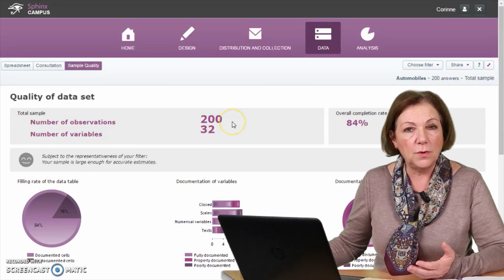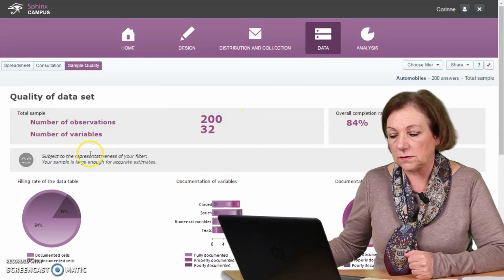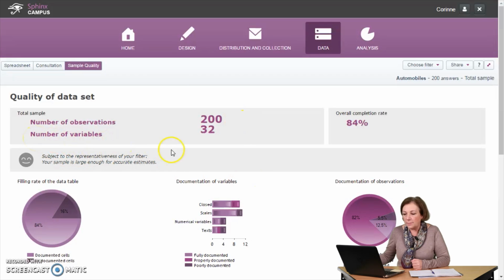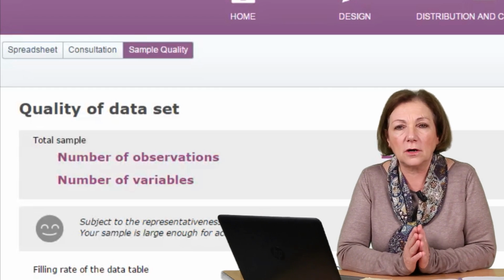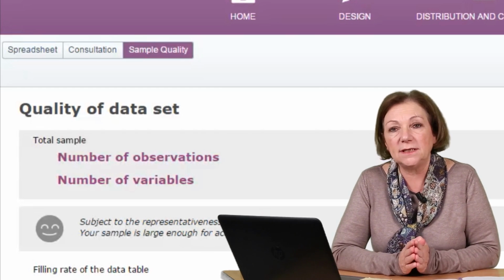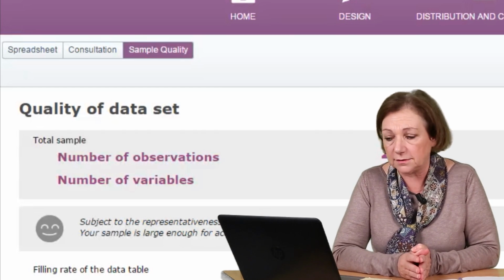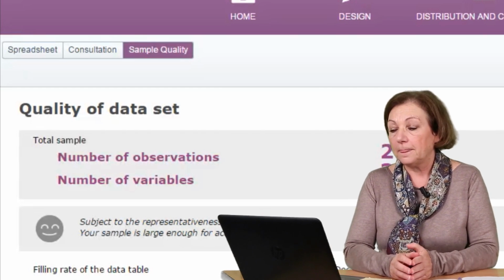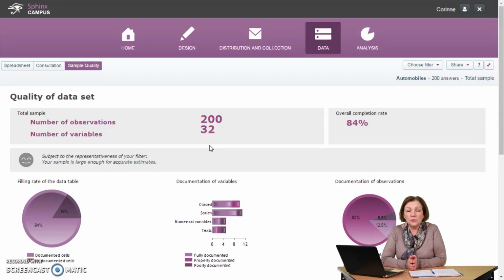Remember we had 200 responses. Then we have the number of variables. We have 32 variables. Remember, the number of variables are the columns in the spreadsheet. They correspond to the questions in the questionnaire. If I have 200 responses for 32 variables, it means that in my spreadsheet I have 6,400 possible cells.